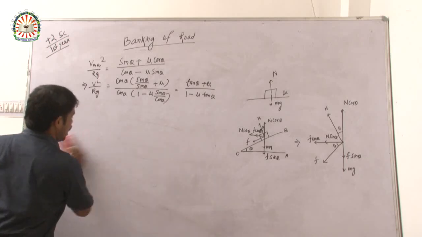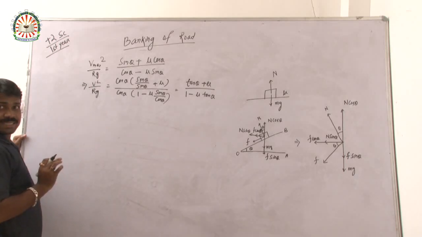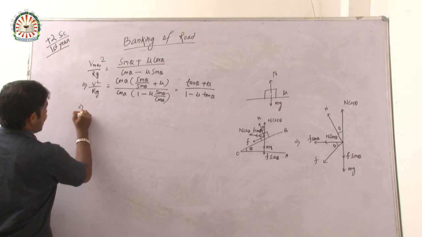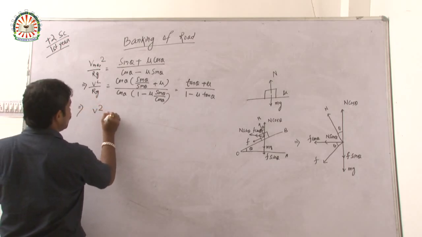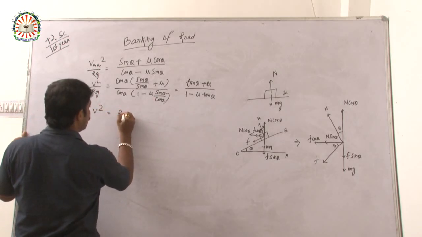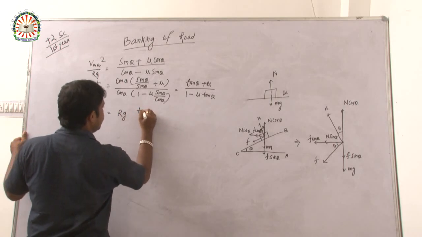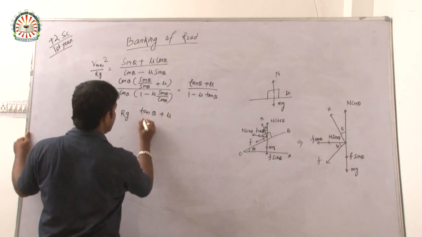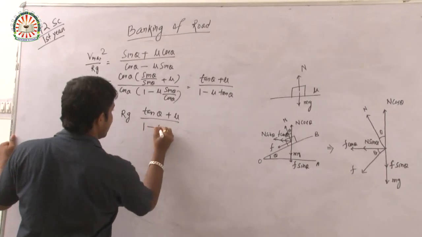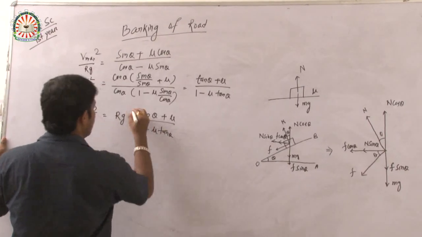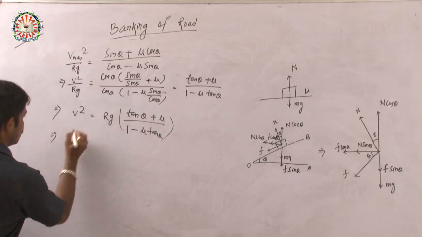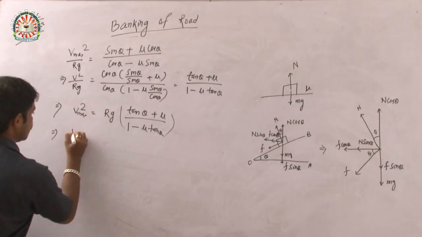Clear? So that implies your v square is equal to rg times tan theta plus mu divided by 1 minus mu tan theta. So this is your v max.